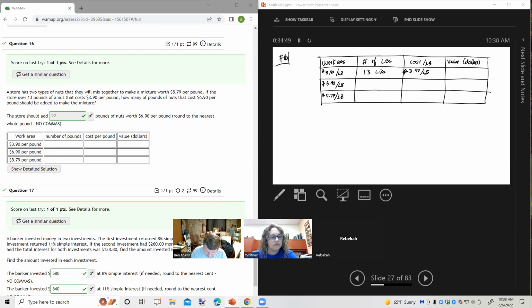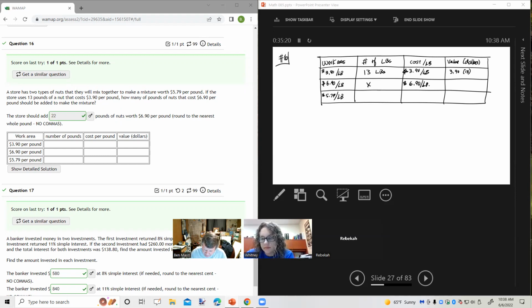How many pounds of nuts, so this is our unknown, that cost $6.90 per pound should be added to make the mixture? Okay, so the value of the 13 pounds, you've got $3.90 per pound times 13 pounds. So you're going to have 3.90 times 13.